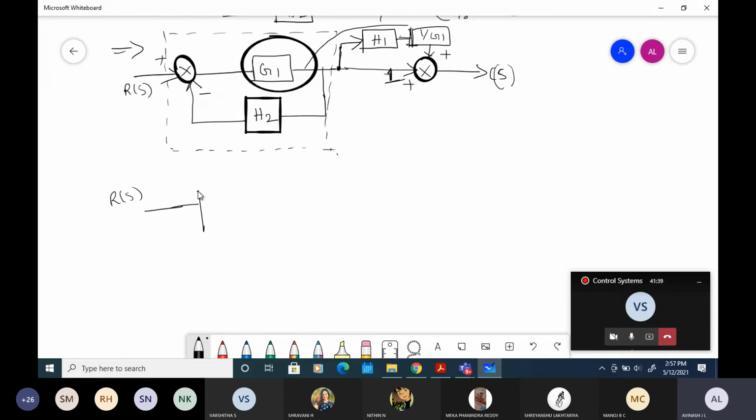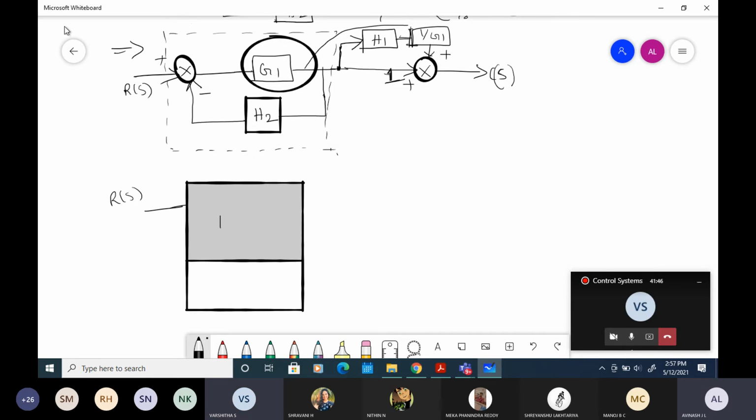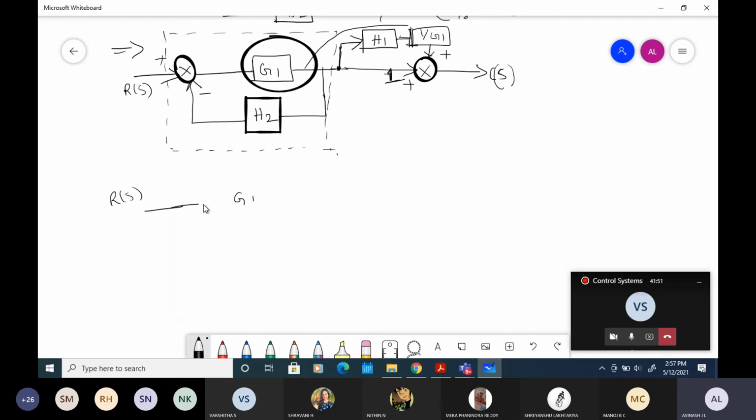It will be G1 divided by 1 plus G1 into the feedback, 1. G1 divided by 1 plus G1 into H2. In the last numerical H2 was not there, unity was there, so multiply with 1. Here we need to consider H2 also. Clear?